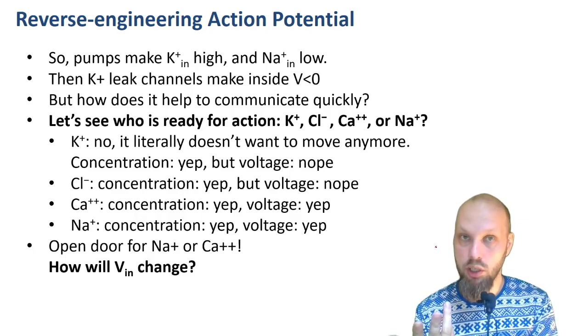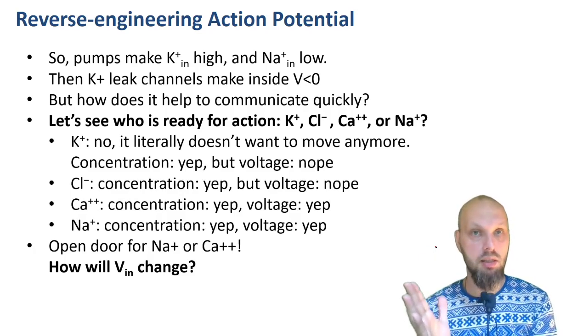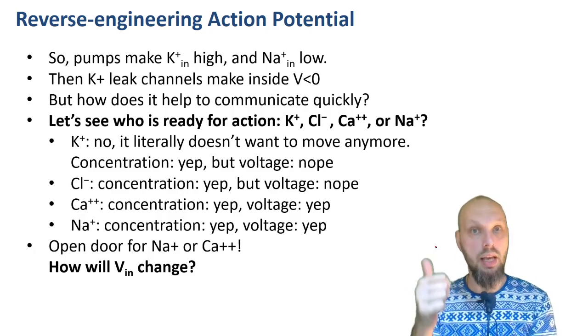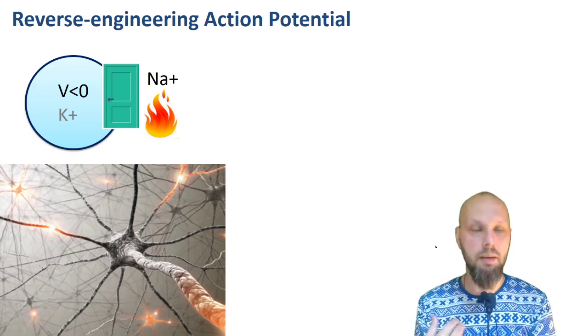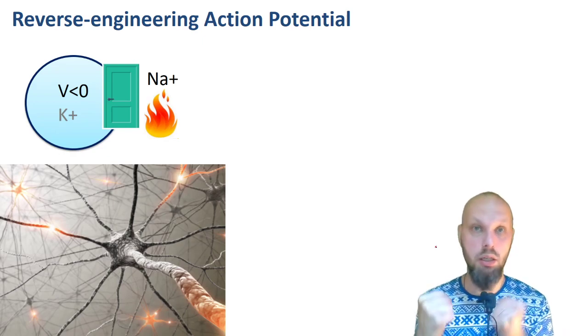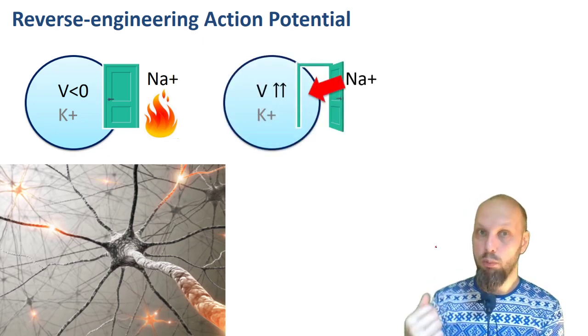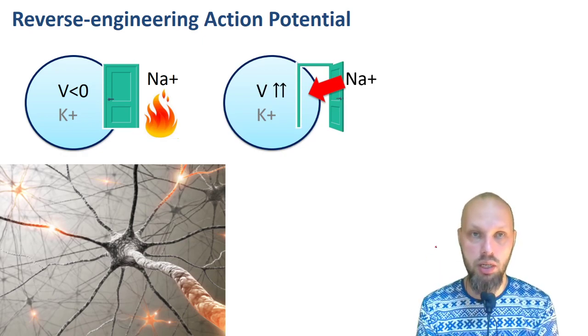Sodium ions are positively charged. They're entering, which means the potential increases. Does that make sense? Yay. So, at first, the cell is at negative potential. Sodium wants to enter but cannot. We open doors and sodium can enter and it depolarizes the cell.